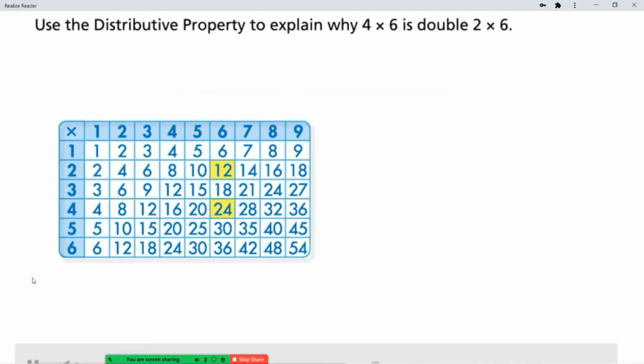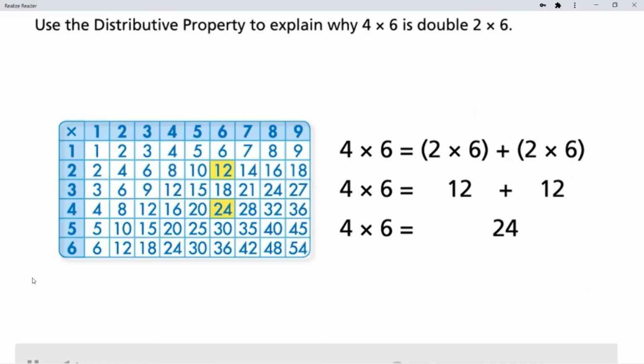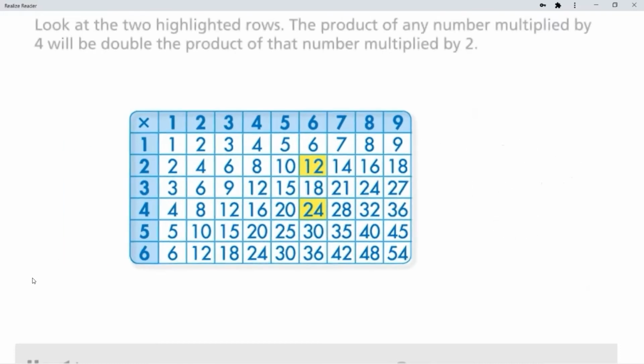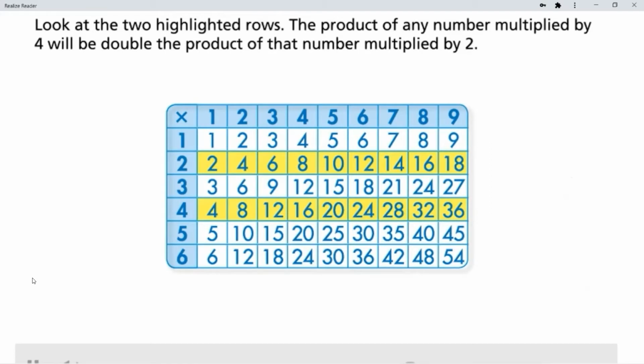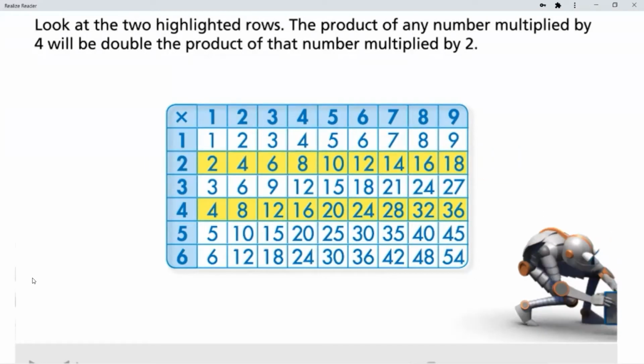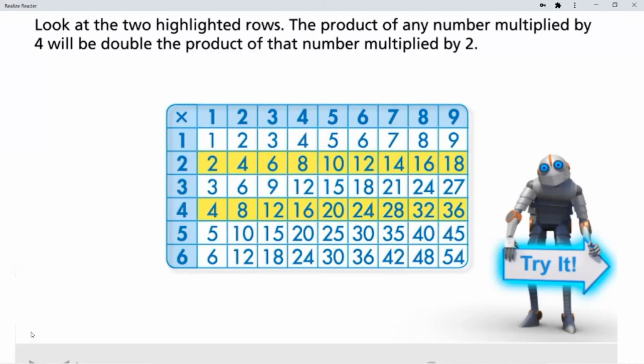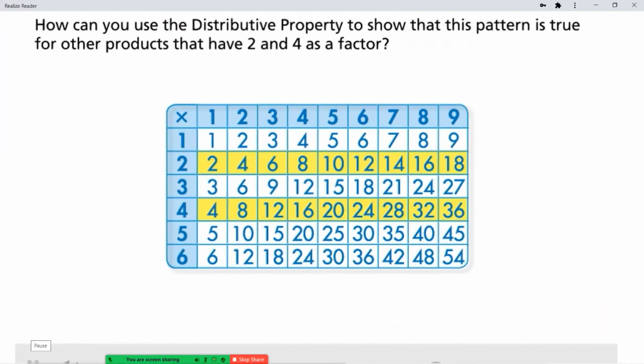Use the distributive property to explain why 4 times 6 is double 2 times 6. Look at the 2 highlighted rows. The product of any number multiplied by 4 will be double the product of that number multiplied by 2. How can you use the distributive property to show that this pattern is true for other products that have 2 and 4 as a factor?